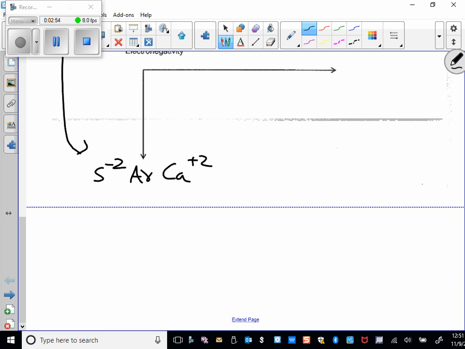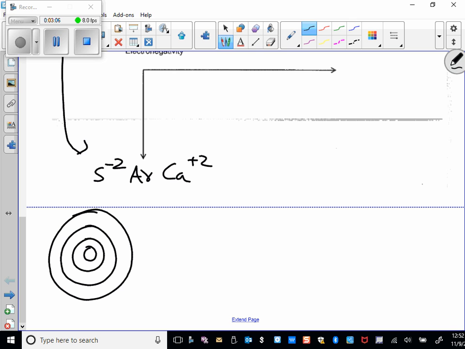All right. If we were to draw a Bohr model for calcium, calcium is in period 4: 1, 2, 3, 4. But then it's calcium, these 2 electrons are in calcium.